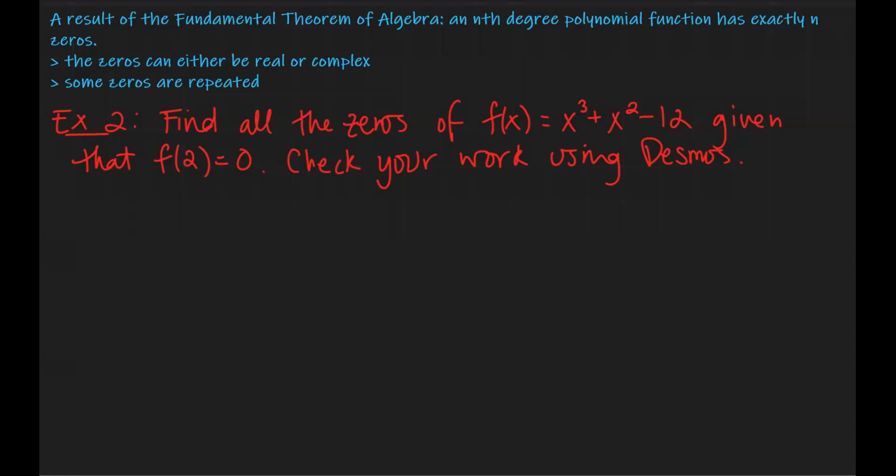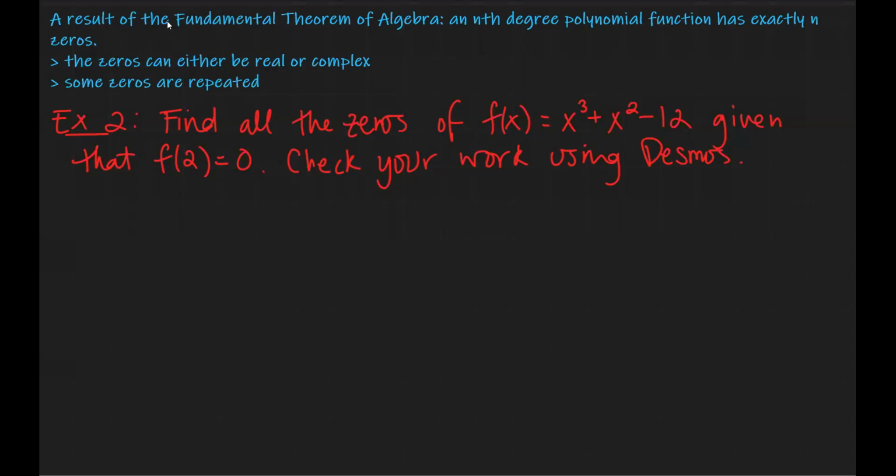So let's continue our conversation about, you know, we had 3 solutions and our polynomial was a 3rd degree polynomial. In your textbook, you don't have to do this, but you can go to section 5.6. You're going to notice it's called a different title. That's because we're not going to go as in depth as the book has us go, for the sake of time.